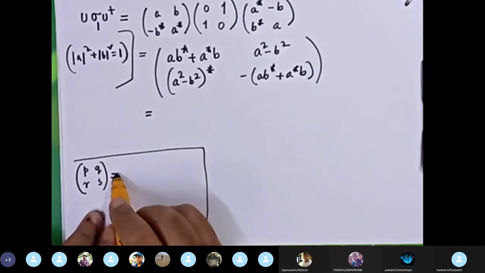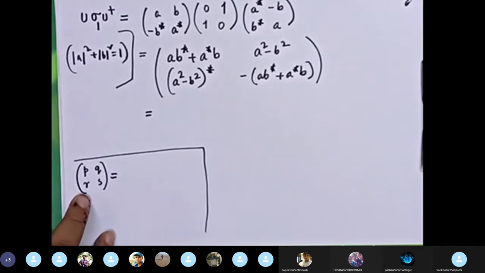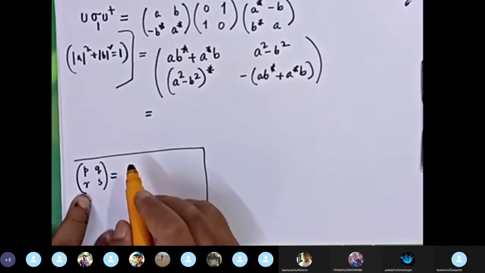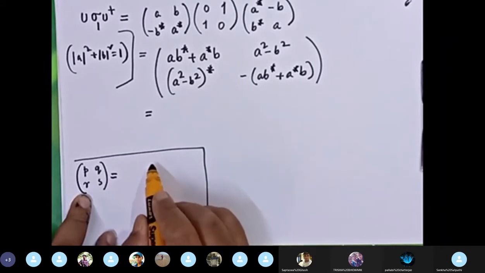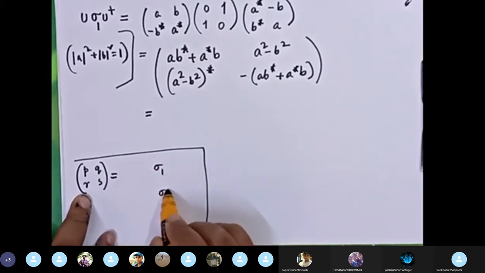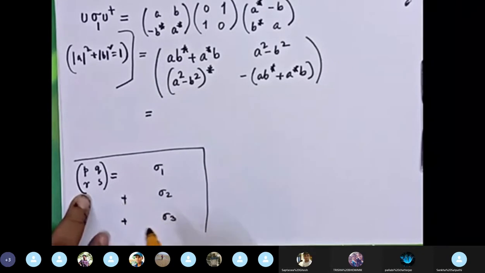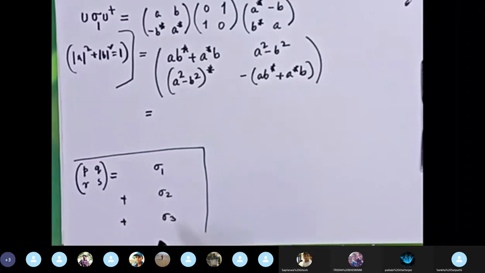You can write any such general matrix that way. If I write it as a linear combination of these, what should be the coefficients? Can anyone say?